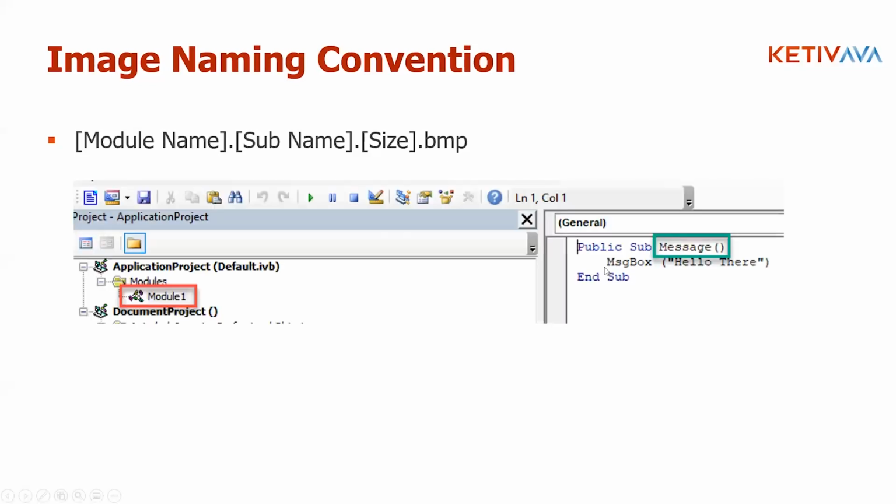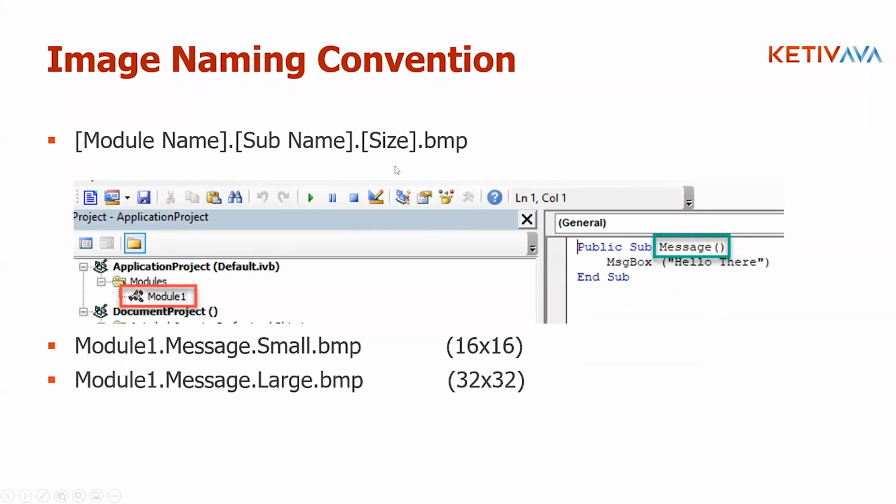Okay, so what does that mean here for module name? That's this one in red, right? So in our case, it's Module1. And the subname or macro name, that's message. And then the size, and this is very important, you have to have both a small and a large icon file here. And if you only have one of them, it's not going to show up.